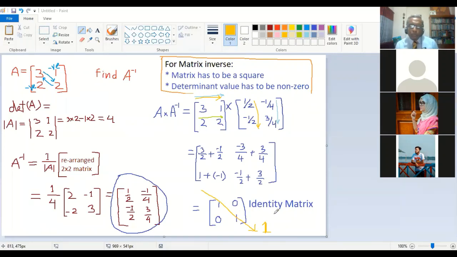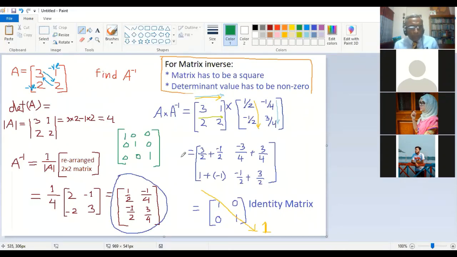If it is 2 by 2, then it is 1 0 0 1, and if it is 3 by 3, then the identity matrix will be 1 0 0, 0 1 0, and 0 0 1. This will be the 3 by 3 identity matrix. Okay, everyone is okay with this?